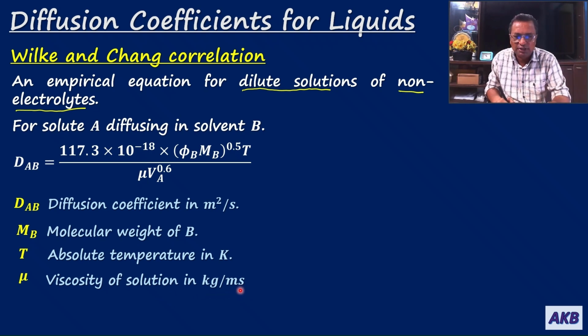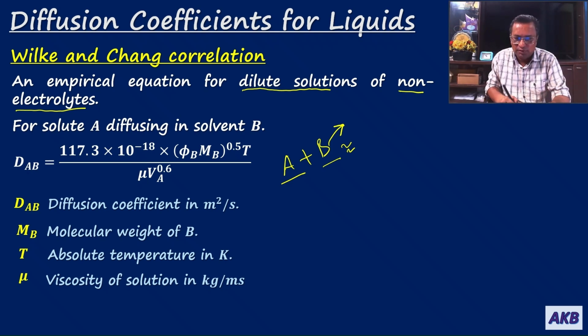If you are dealing with a dilute solution of A and B, where A is the solute and B is the solvent, the quantity of B will be very large as compared to that of A. So for a dilute solution, the viscosity of the solution is approximately equal to the viscosity of the solvent.